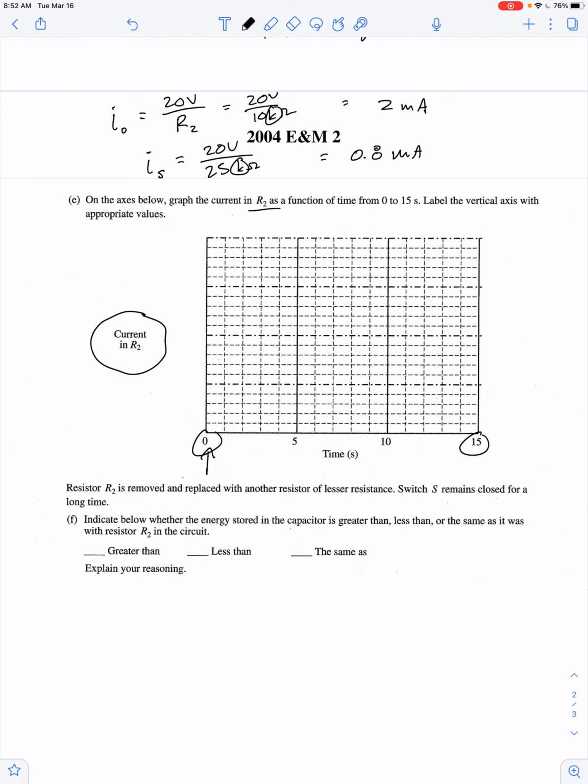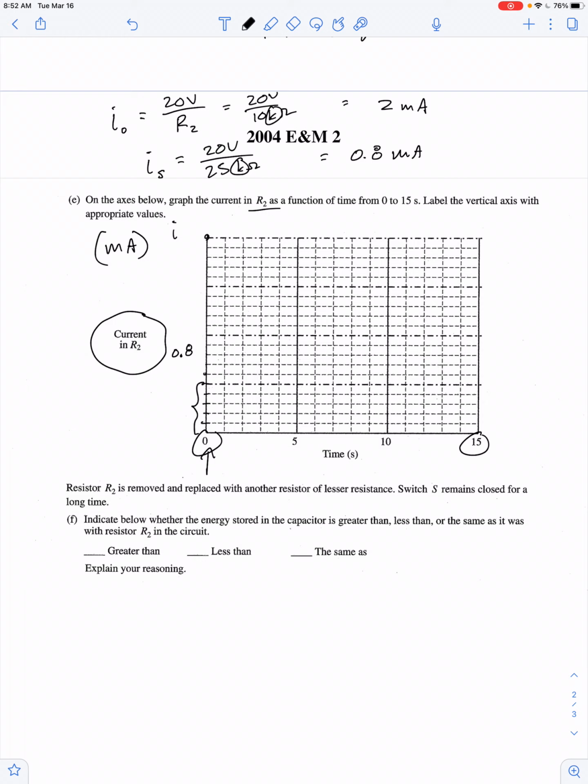Okay, so we need to pick some sort of scale on here. How about we choose every one of these major lines to represent about 0.5? So 0.1, 0.2, 0.3, 0.4, 0.5, 0.6, 0.7, 0.8. Okay, so that's where 0.8 milliamps is, we're graphing current in units of milliamps.